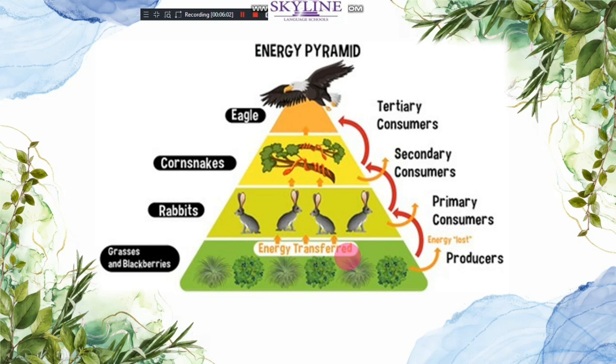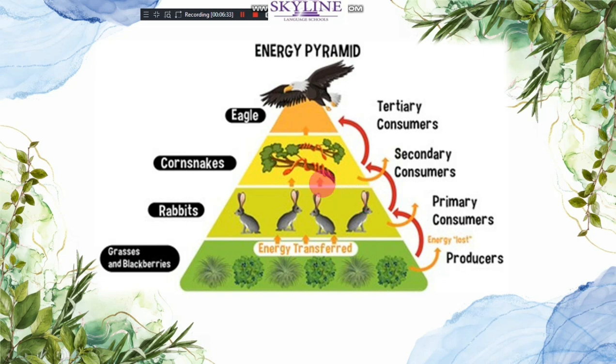So the energy will transfer from what? From the plant when the rabbit eats the plant. So the energy transfers from the plant to the rabbit. So the rabbit can feed on the plants. The energy flows from the rabbit to the plant, or from the plant to the rabbit? When the rabbit eats it, the energy transfers from the plant into the rabbit.